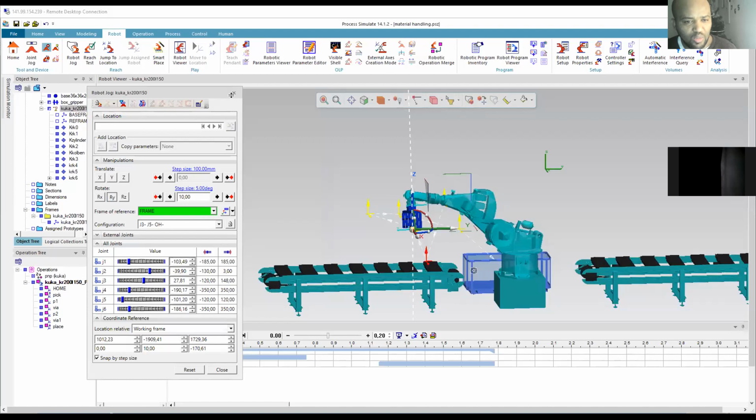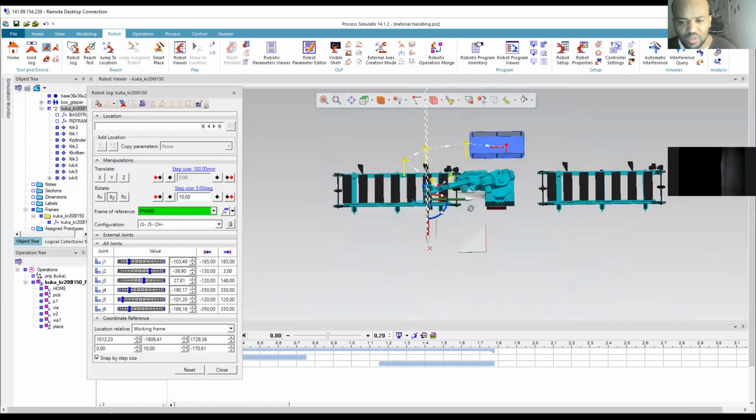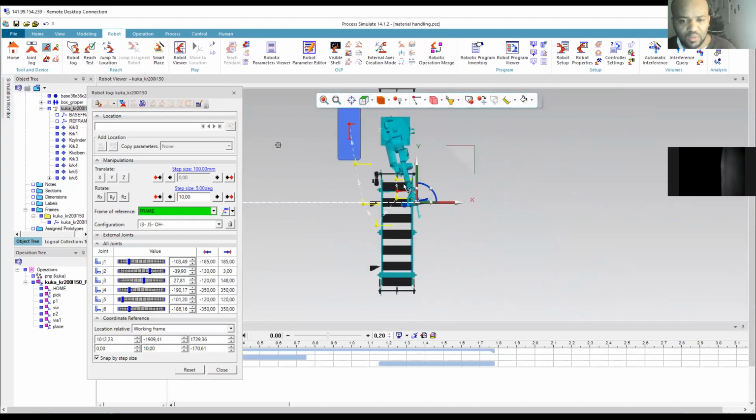From the model, if we see, assume you are initially at the current position, let's say here. Now from these points you want to move maybe somewhere, let's say here.